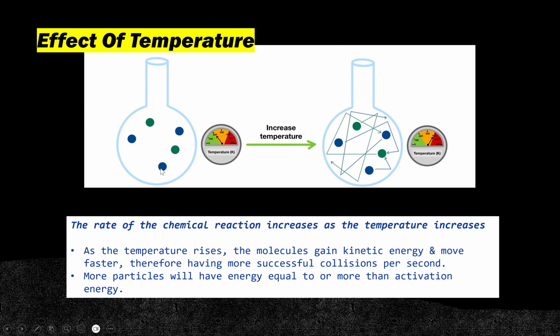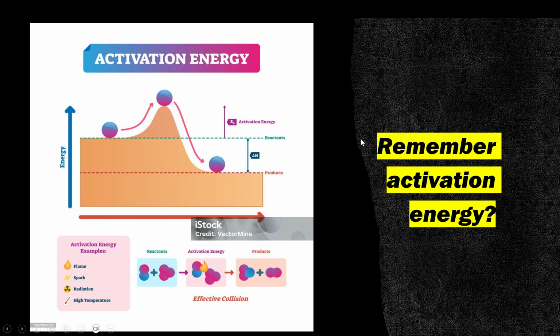It makes the particles gain energy, and as they gain energy, they start moving faster, increasing the chances of successful collisions per second. But also, more particles will have energy equal to or more than activation energy.